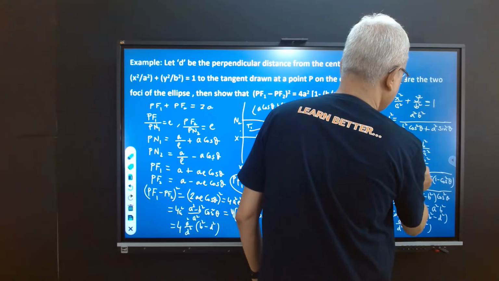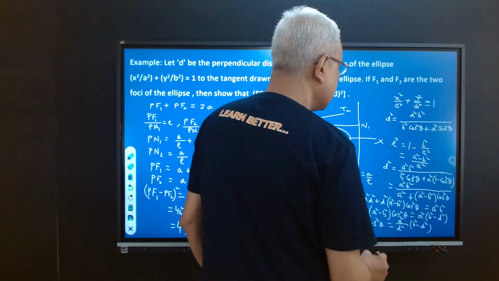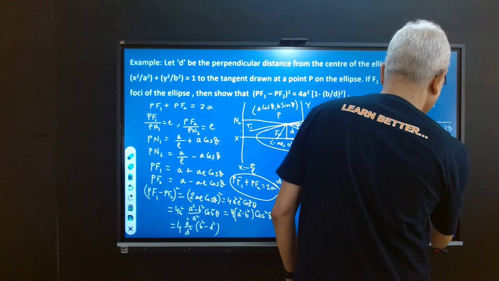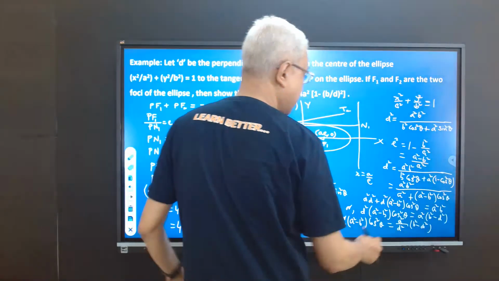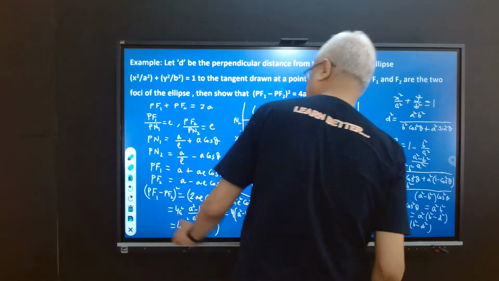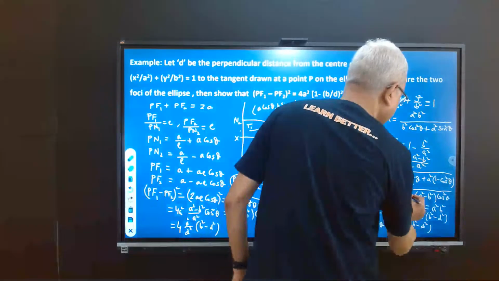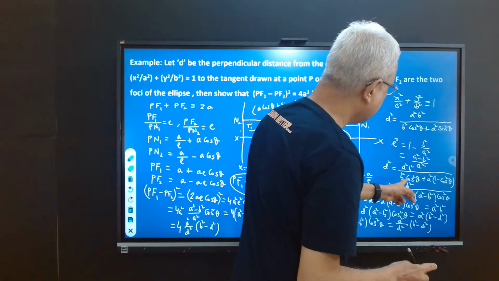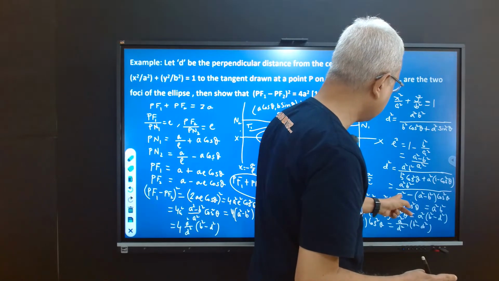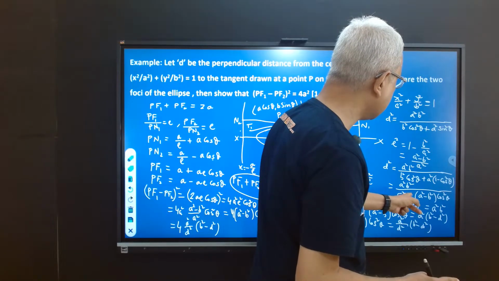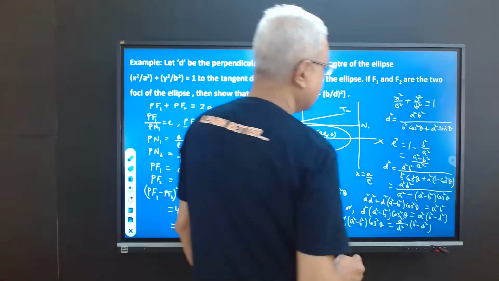So b square is a square b square over b square cos square theta plus a square into 1 minus cos square theta. So there is actually b square minus a square cos square theta, so there will be a negative sign over there. So you see, note over there. A square b square by (b square cos square theta plus a square (1 minus cos square theta)), so a square minus b square cos square theta.